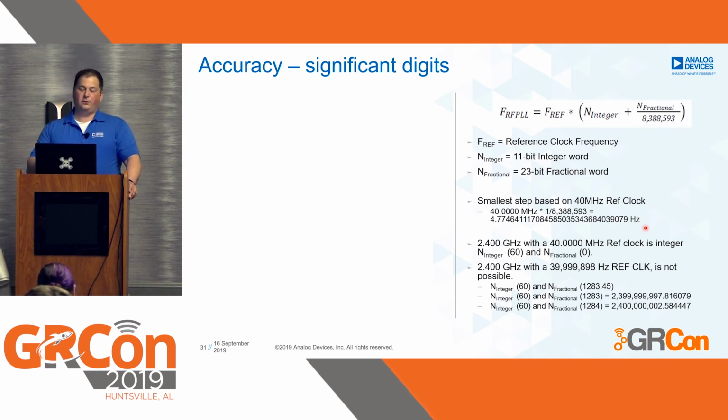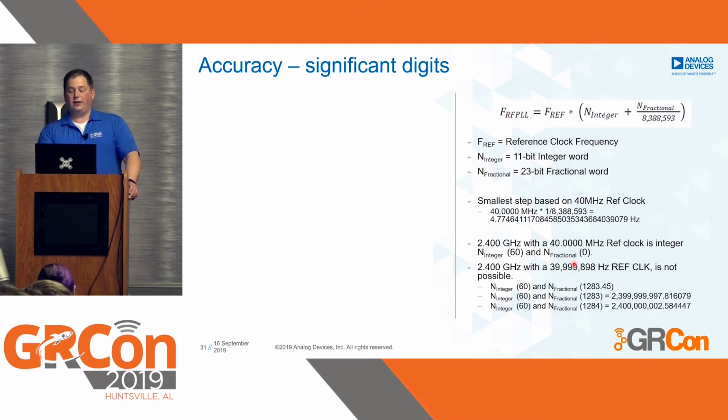which is great when you have an exactly 40 megahertz oscillator, because then you can get 2.4 gig. You end up with an integer of 60 and a fractional part of 0, and then you get a PLL of exactly 2.40000000000 megahertz.